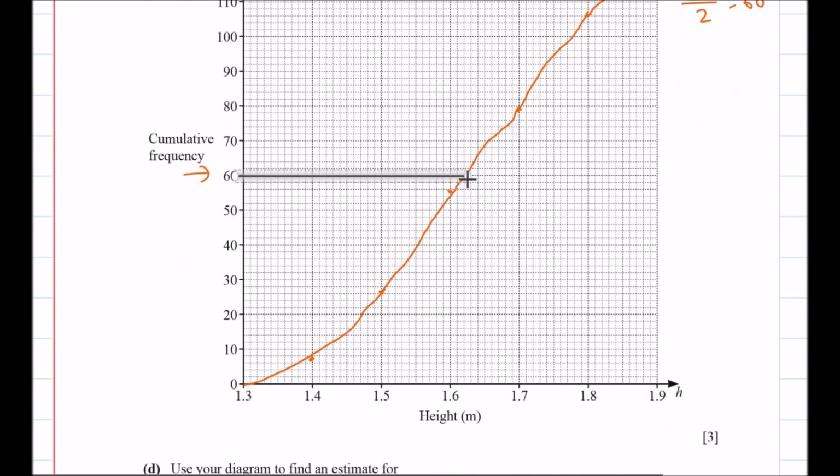So we have to find what is the value on the x-axis against 60 on the y-axis.